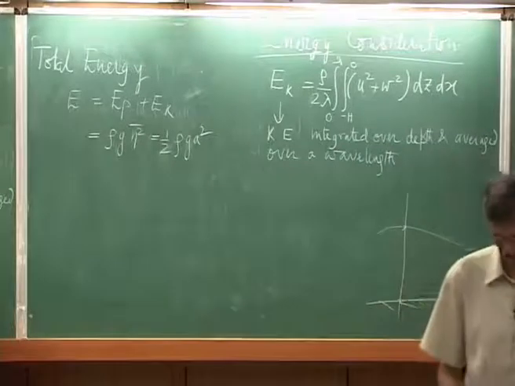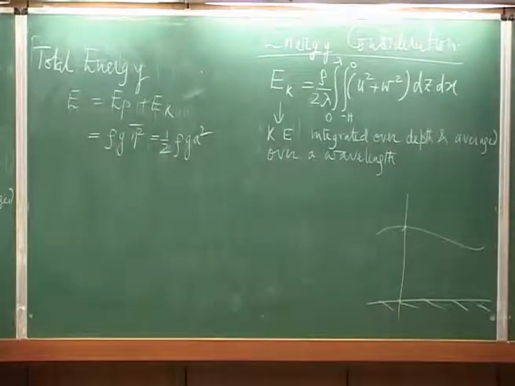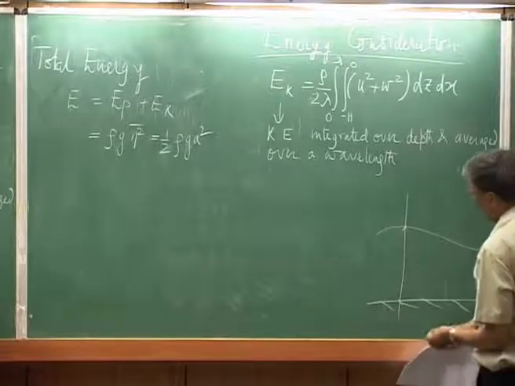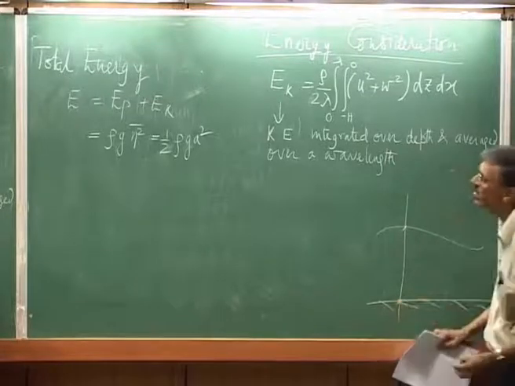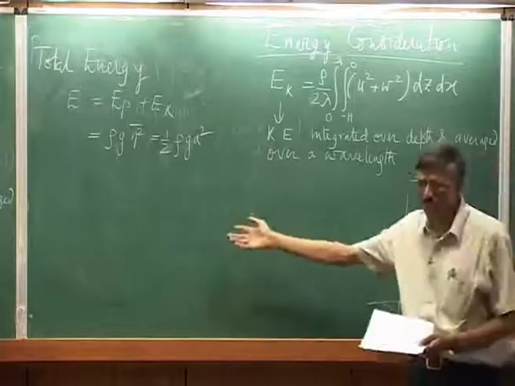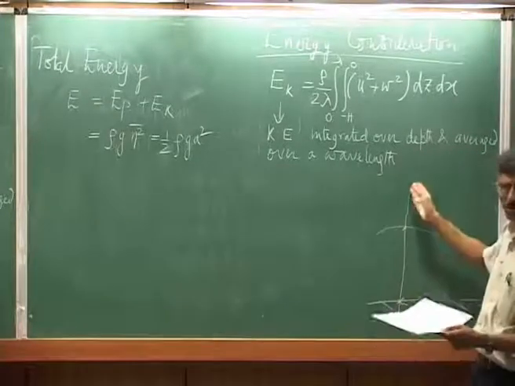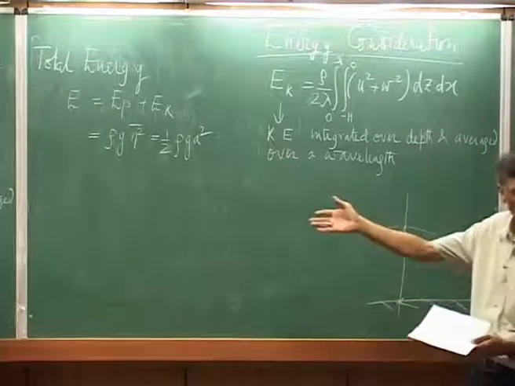Okay, that's that. Now, next what we are going to look at is, this is the total energy of the system. If I integrate it over the whole depth, that is what we are going to get.